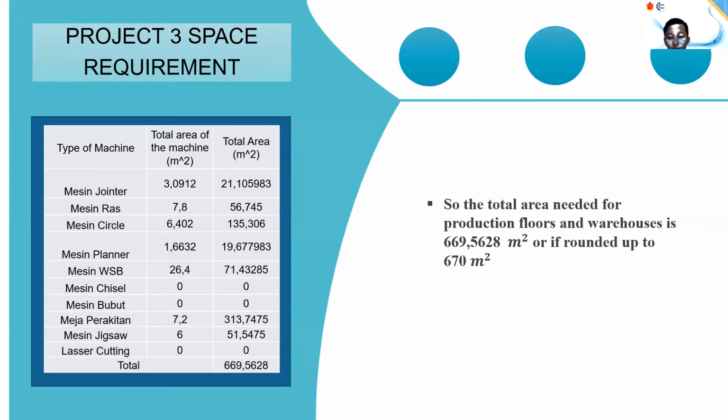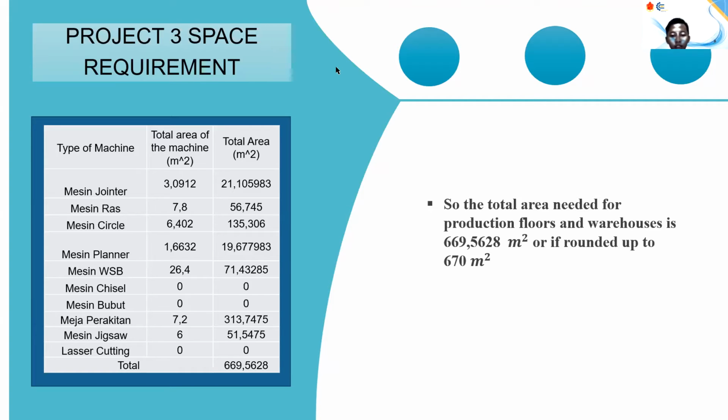For the rush machine, 56.7 square meters; the circle machine, 135.3 square meters; the planer machine, 19.6 square meters; the USB machine, 71.4 square meters; the assembly table, 313.7 square meters; and the jigsaw machine, 51.5 square meters.